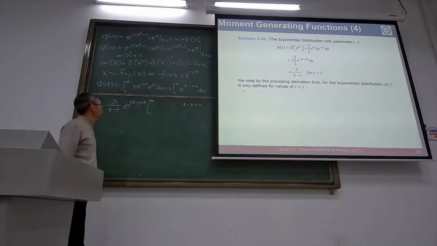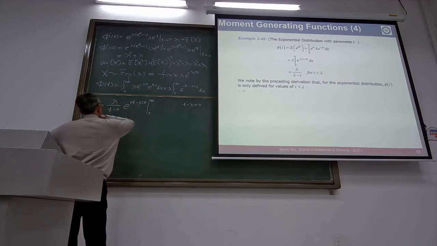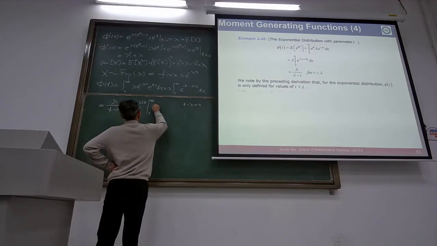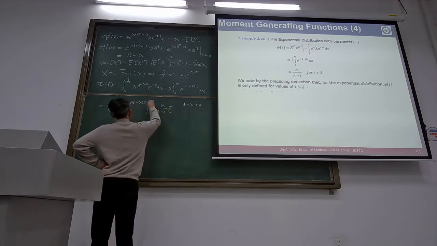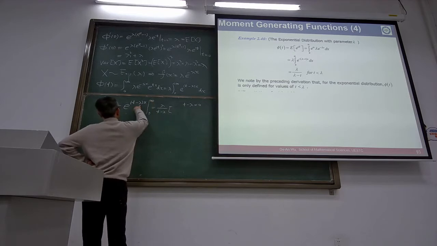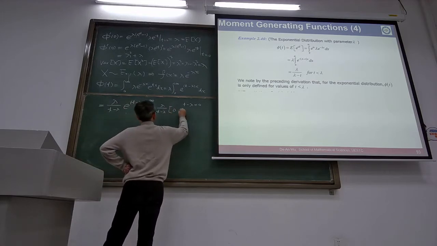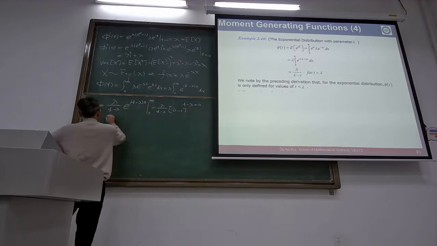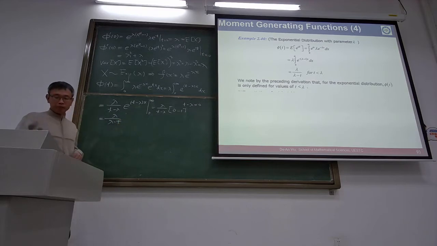So this just equals lambda over lambda minus t, evaluated as t goes to infinity here, less than 0, minus 1. This just gives lambda over lambda minus t. Okay?